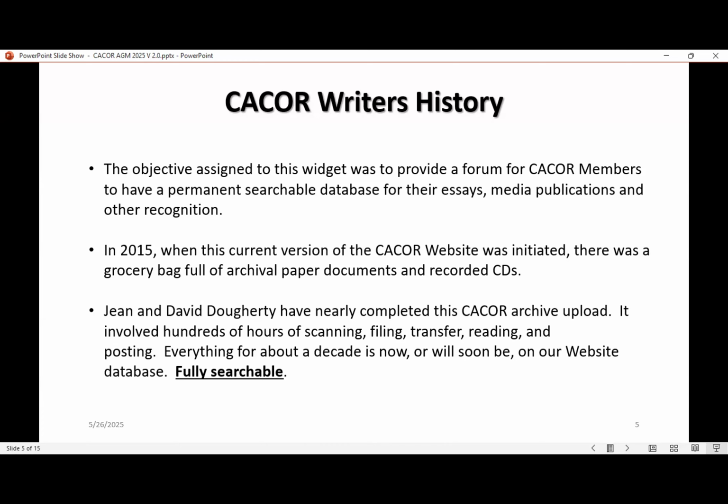But the point is, it's fully searchable, and I encourage people when they go on the website to use the search function, and you should be able to find a lot of very interesting things.